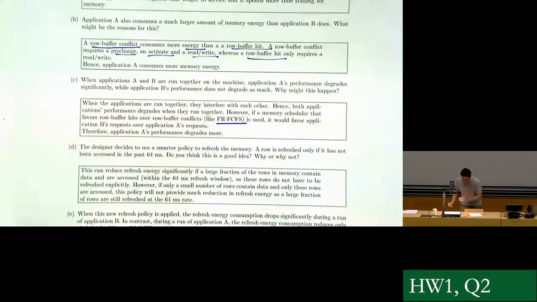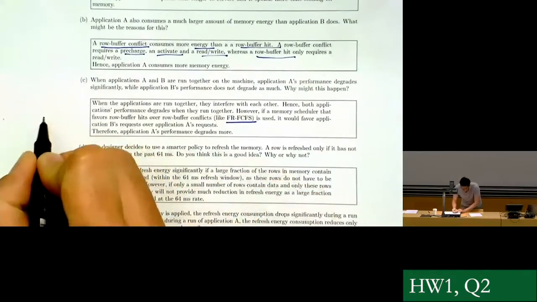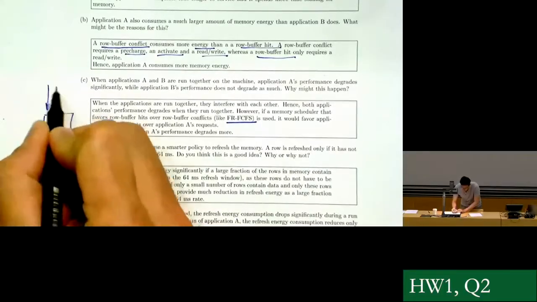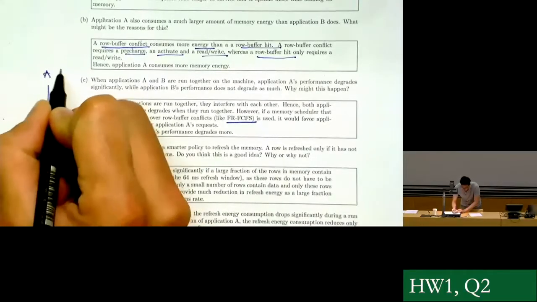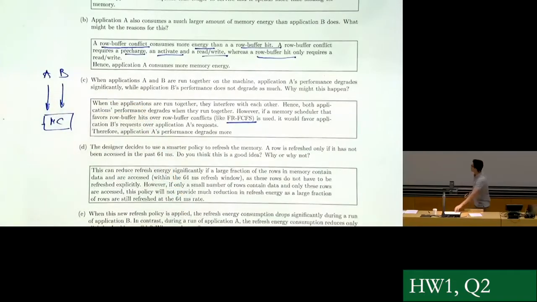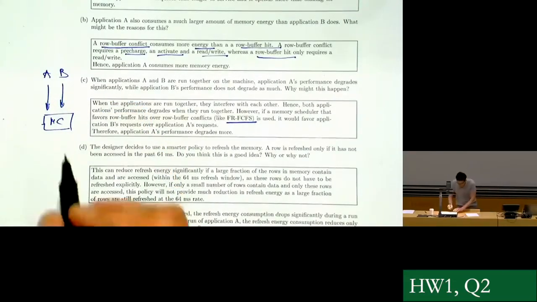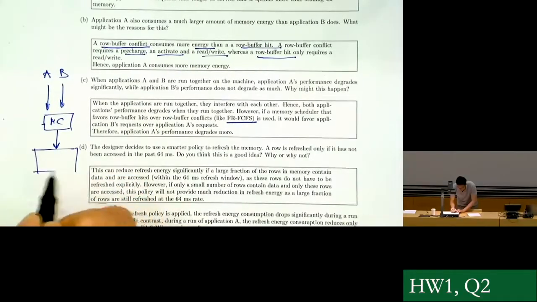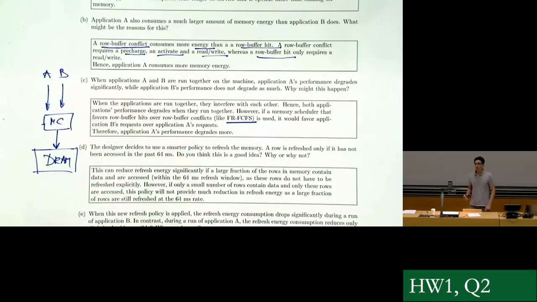This means that if we have our memory controller here, and this memory controller is receiving requests from two applications, A and B, the memory controller is going to prioritize, let's say this is the DRAM, those memory requests that are going to hit in the row.